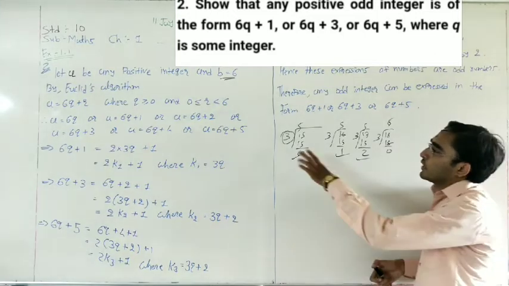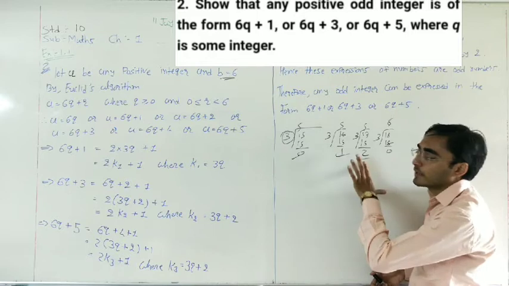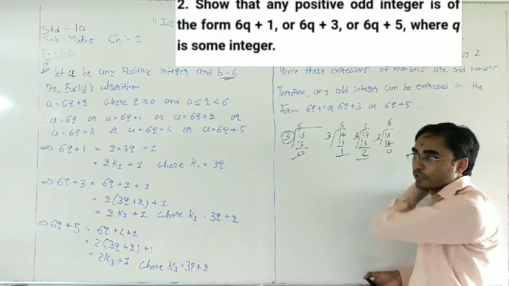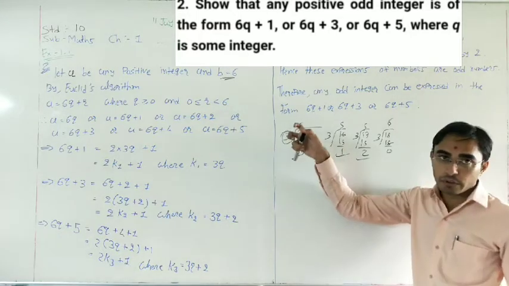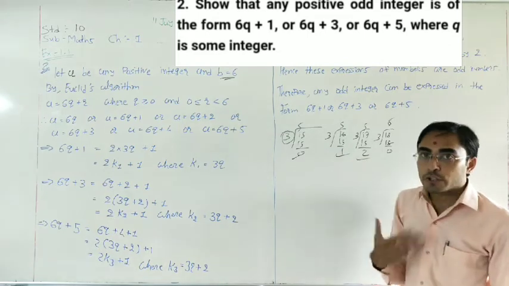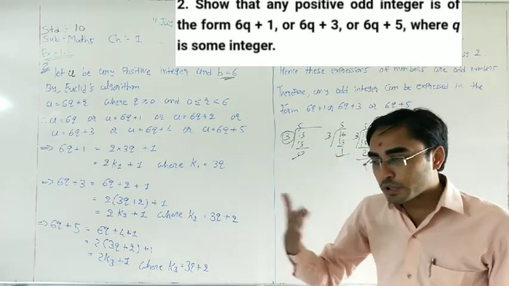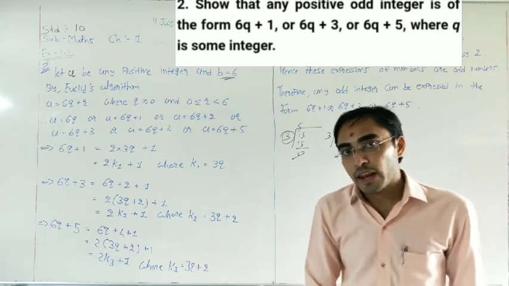Okay, so if we divide by 3, then our remainder becomes 0, 1 and 2, then again 0, 1, 2, again 0, 1, 2. Now whatever number you have, if you have 7, then your remainder becomes 0, 1, 2, 3, 4, 5, 6, but it cannot be 7.